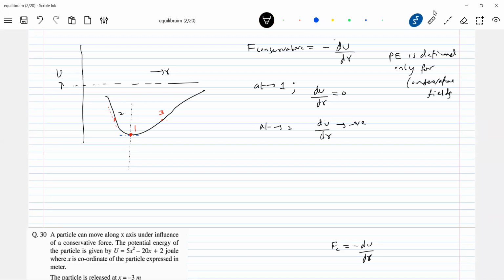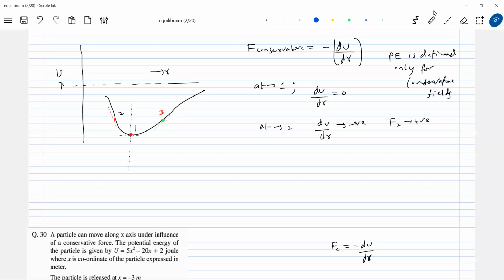Substitute dU by dr with sign. So what is the force acting now? Force acting at 2 will be positive. How is the displacement given? Towards left. And how is the force acting? Towards right. Then let's come to point 3. At point 3, I'll draw a tangent. What is the slope of the tangent drawn at 3?